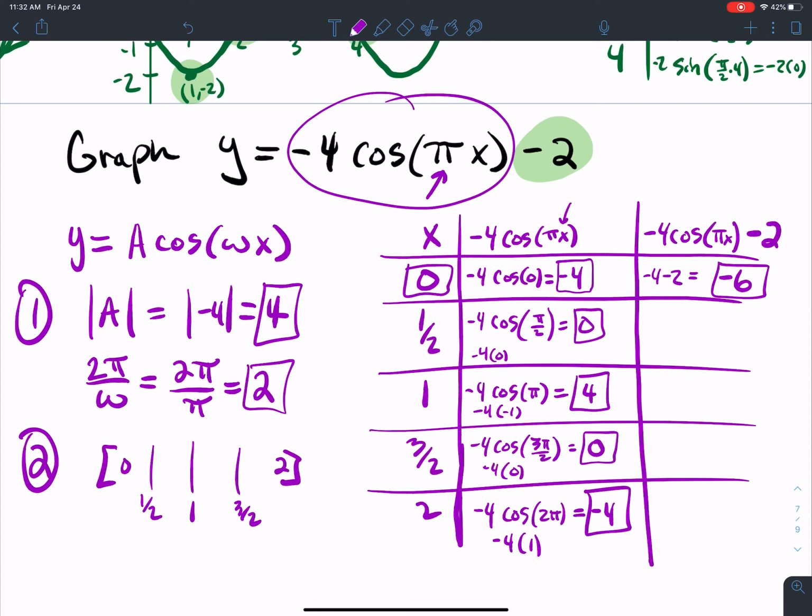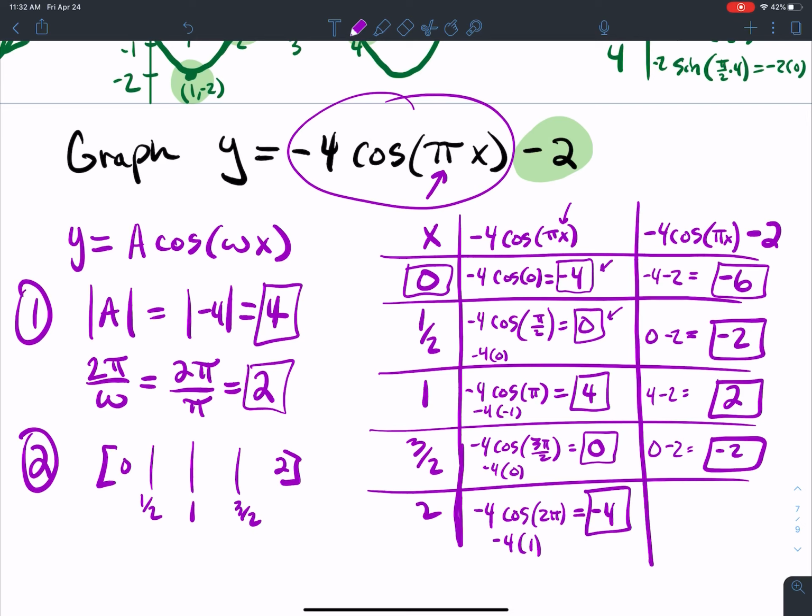The next one is 0 minus 2. So where'd the 0 come from? Right there, just like the -4 came from here. So this gets me -2. This value, I have 4 minus 2, that's 2. And then this one, 0 minus 2, this is -2.